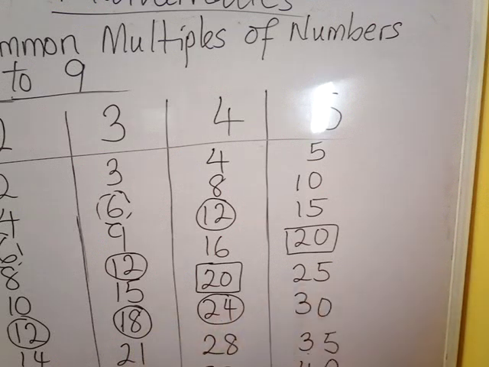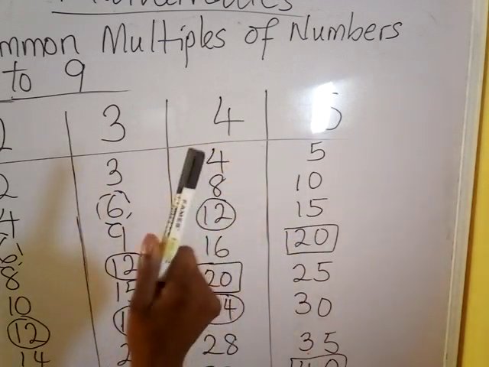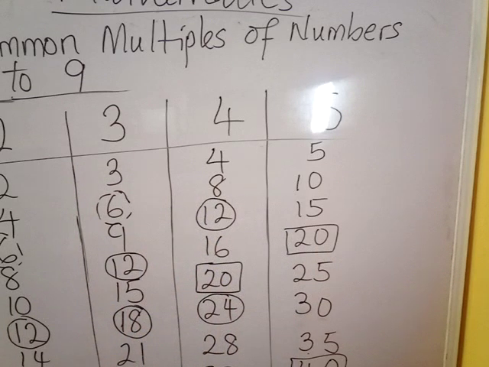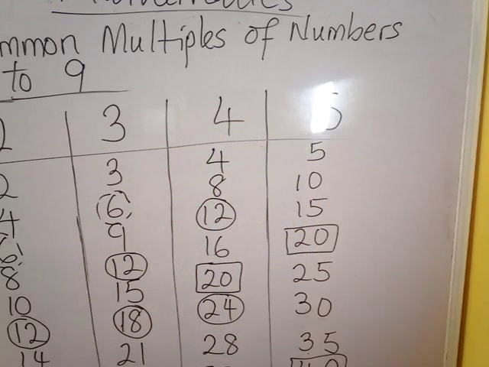We have 24, we have 25, we have 28, we have 30, we have 32, we have 35, we have 36, 40, we have 40. Wow, we have 40. That means 20 and 40 are common multiples of 4 and 5.